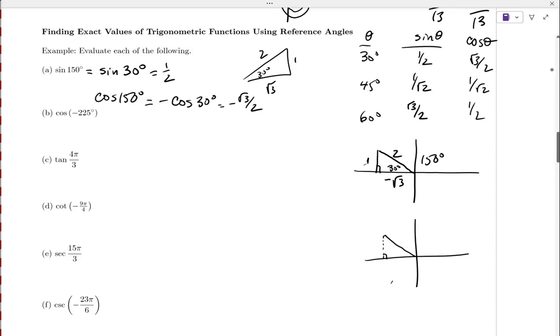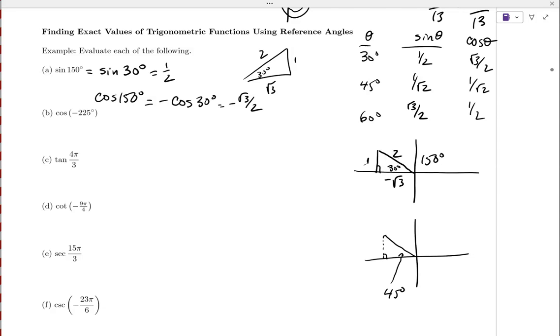What's your reference angle going to be in here? 45. Right? 225 minus the 180, right? Agreed? Or you could do 360 minus 225 will give you that one. You get bigger from there, but 225 minus 180 will give you that one.